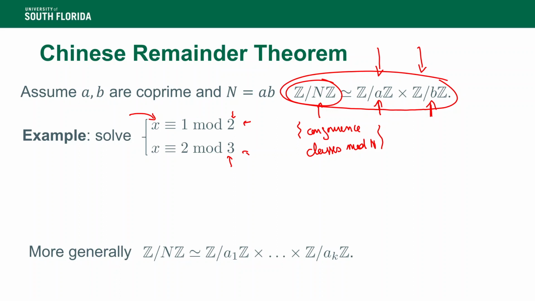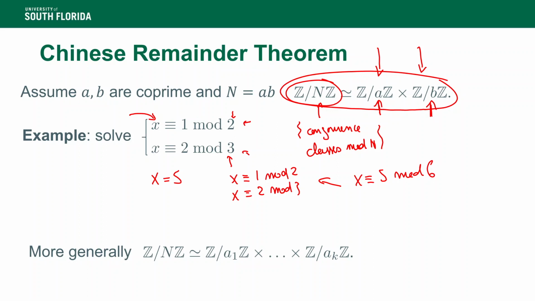So here, because the numbers are so small, there's an immediate solution that x equals 5 satisfies that it's a number between 0 and 5 that will satisfy x is congruent to 1 mod 2, and you can verify that immediately, and x is congruent to 2 mod 3. And that fixes all the numbers, so all those x's solutions are going to be x congruent to 5 modulo 6.